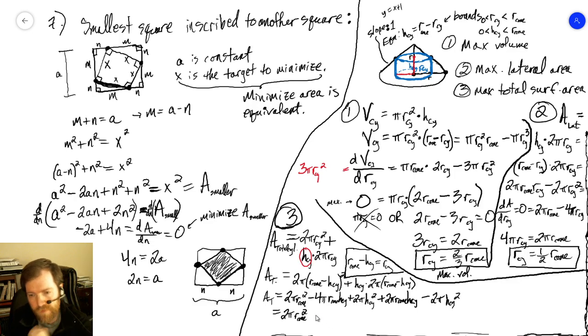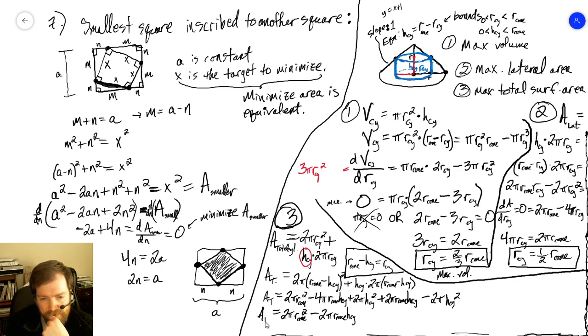This is a minus 4 pi r cone h cylinder, this is plus 2 pi r cone h cylinder, so overall it's net minus 2 pi r cone h cylinder. And these last two terms do cancel out. Well, here's to hoping.